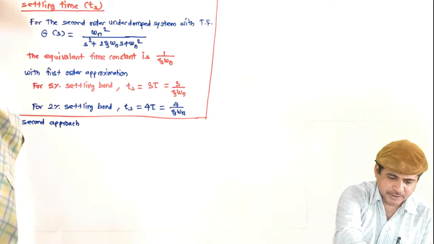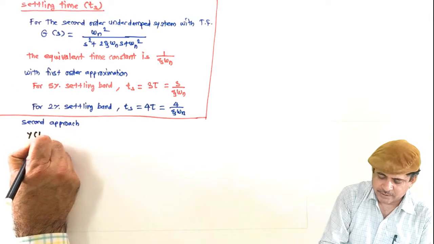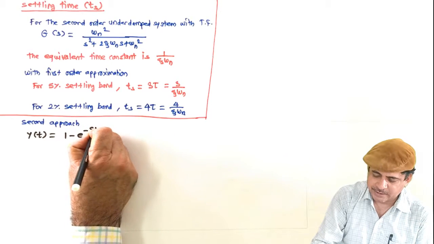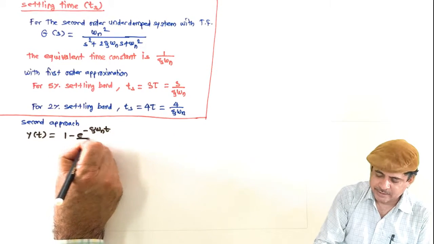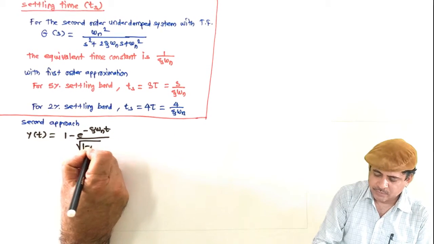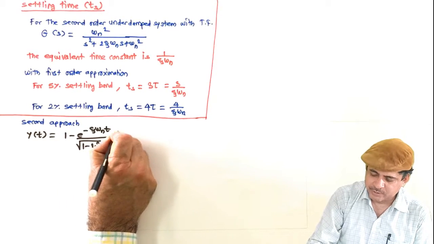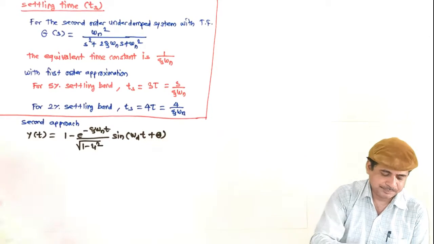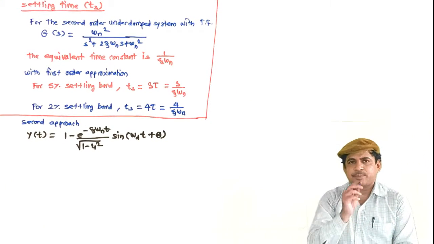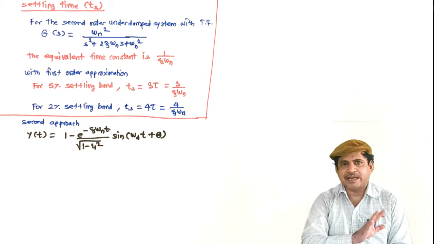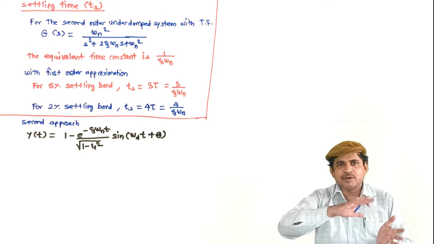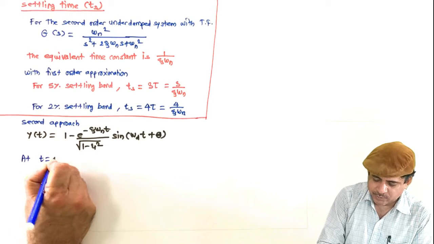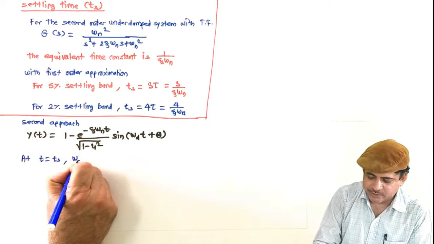The output equation for the second order system is 1 minus e raised to minus zeta omega n t upon under root 1 minus zeta square into sin(omega d t plus theta). Now the assumption is that at settling time there will not be any oscillation. So at t equal to Ts, as there is no oscillation, omega d is 0.